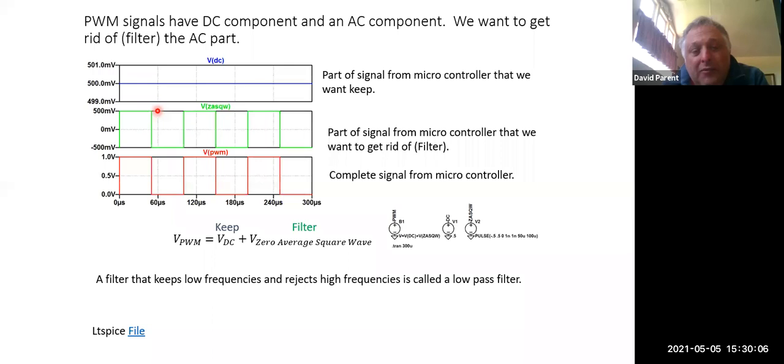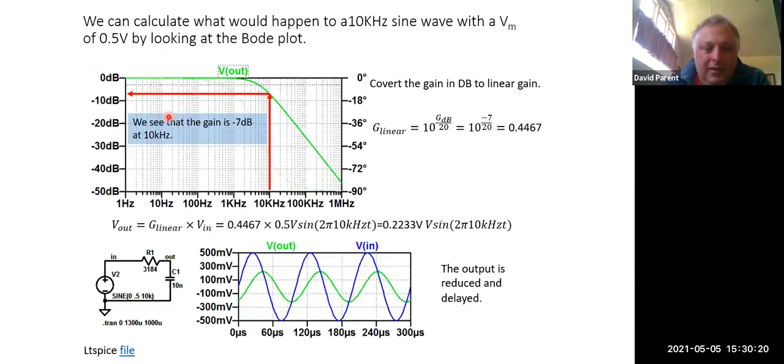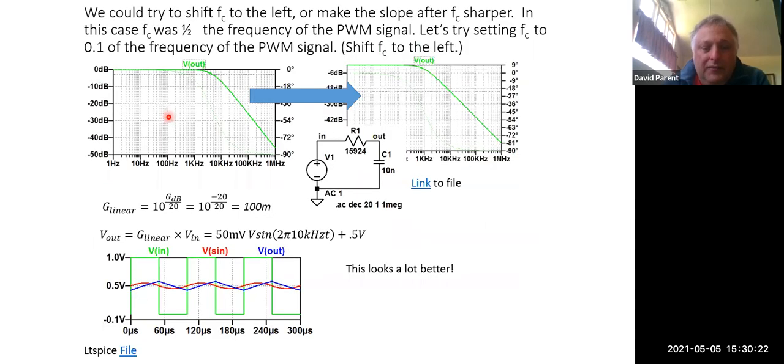There'll always be that ripple there. So if my ripple is 0.5 volts, I can only go in steps of 0.5, because the 0.5 ripple will wipe out whatever I'm trying to do. So the smaller that ripple, the better.